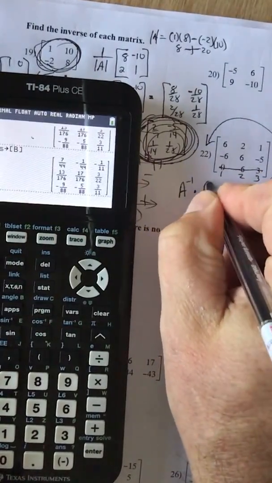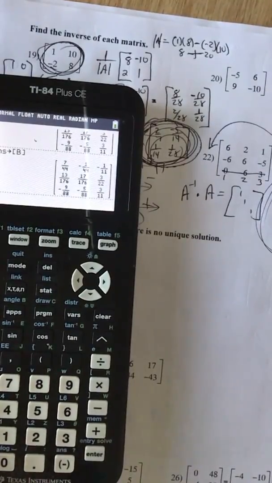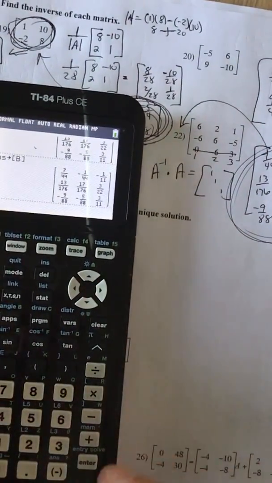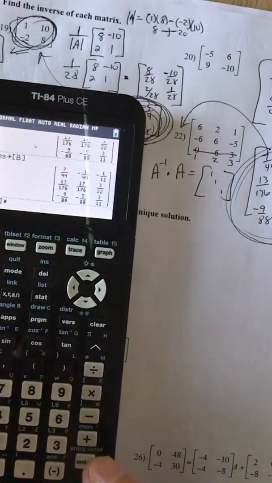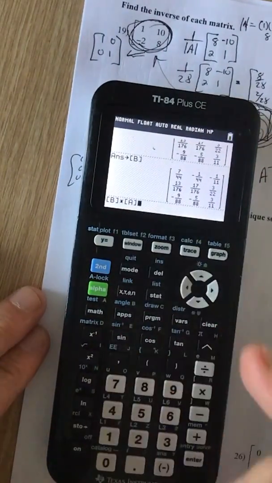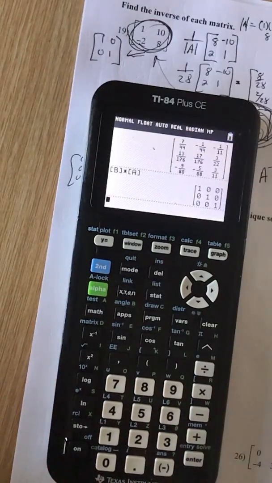So if I take A inverse and multiply it times A, it should give me identity. Well, let's see. So my A inverse, I just stored it in B. So if I do second matrix B times second matrix A on my calculator, I'm expecting the identity.